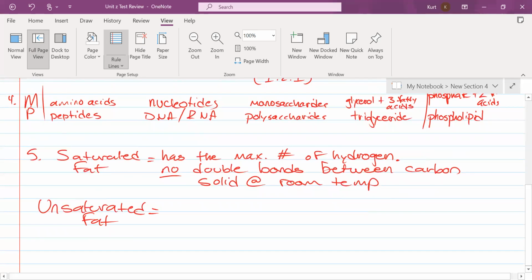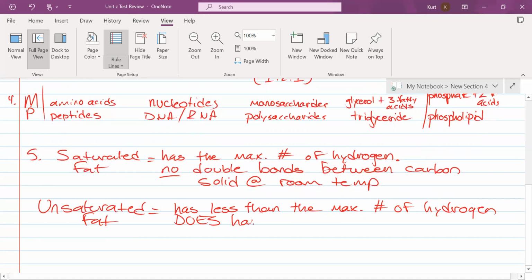Oil, liquid. So it has less than the max number of hydrogen. It does have double bonds between carbon. And it is liquid at room temp.